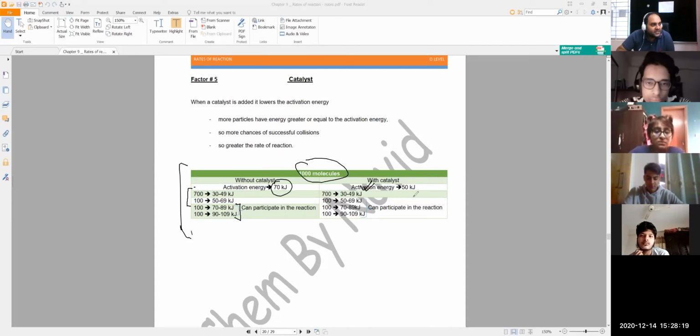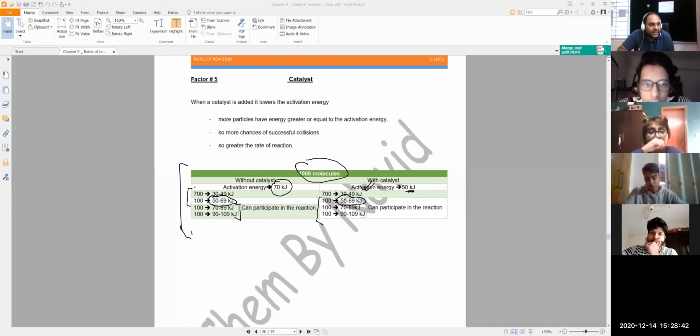Now, when you add a catalyst, your activation energy decreases. So now, instead of 200, 300 molecules can participate in the reaction, because the ones who did not qualify to participate in the reaction, even they can now participate. Reason?